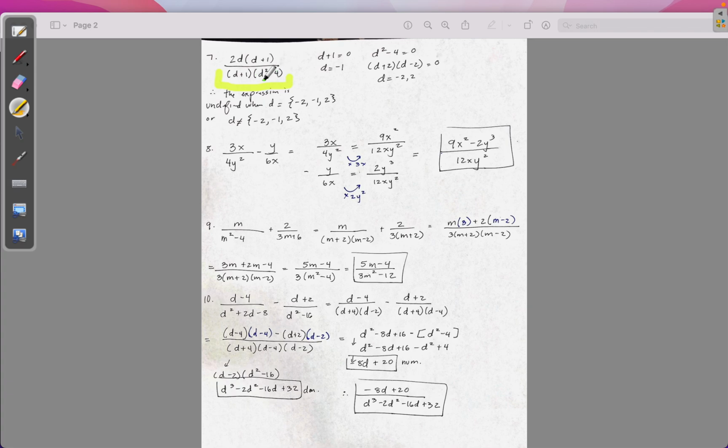Here, I decided to factor further, d plus 2, d minus 2. And when d is negative 2 or positive 2, again, we're going to equal 0, and we don't want that. So I wrote two versions of the answer. One is the expression is undefined when d is equal to negative 2, negative 1, and 2. Or this can be reported as d cannot be equal to negative 2, negative 1, or 2.